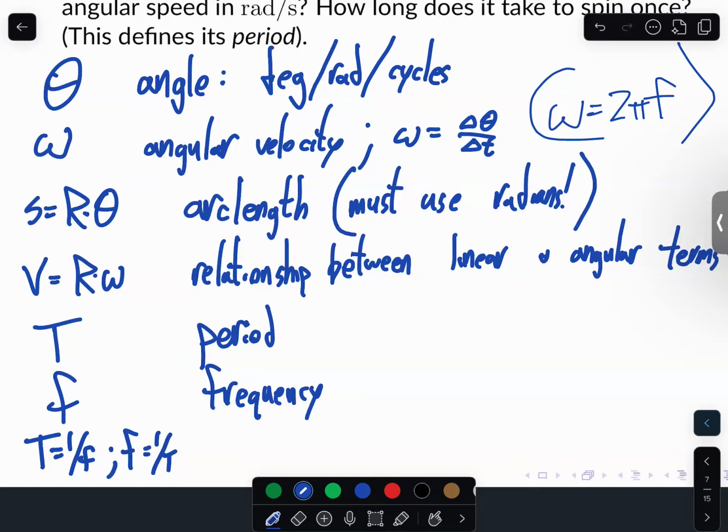Maybe for simplicity I can deal with the degrees and then convert it into the radians. Yes, you could. 360 or, yes, give me the theta. How do I get the time? If I tell you how many revolutions happen in 1 second, you know how many seconds it takes for one revolution. Inverse.